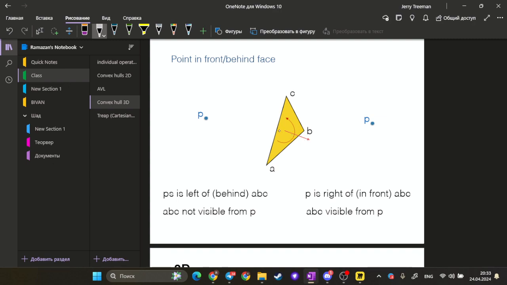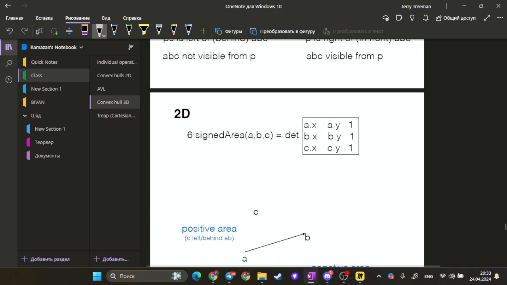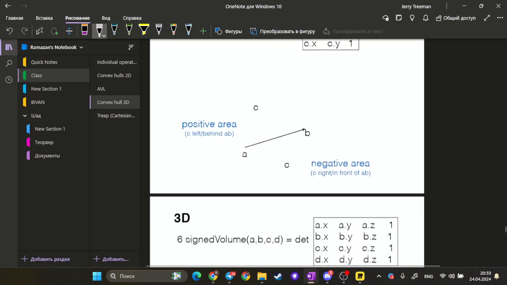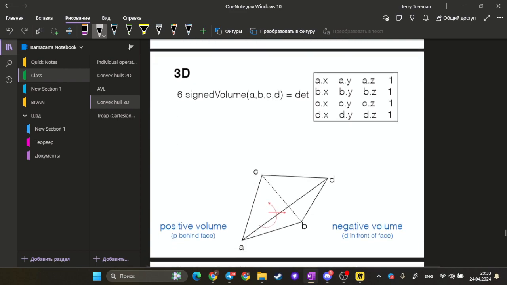We have some normal vectors, so we can just find the angle between them. Negative, positive. It's okay. I need to learn it.